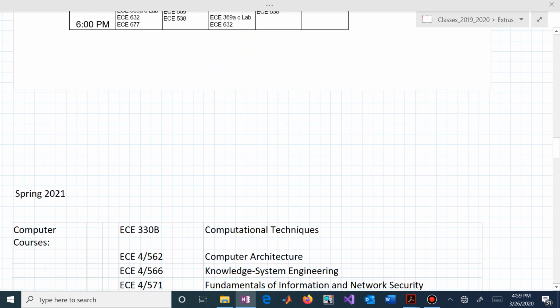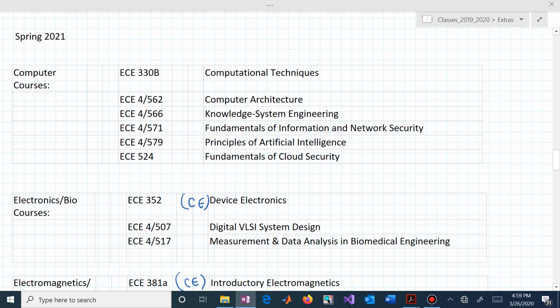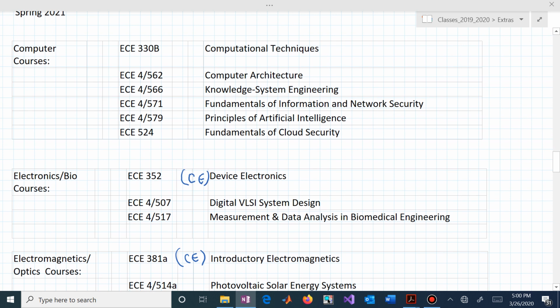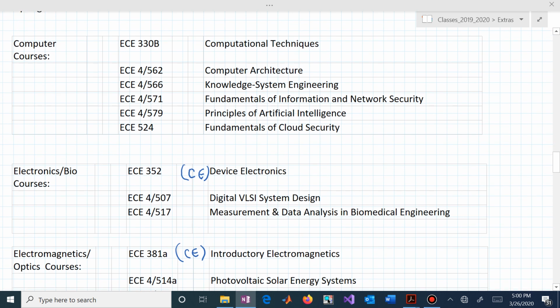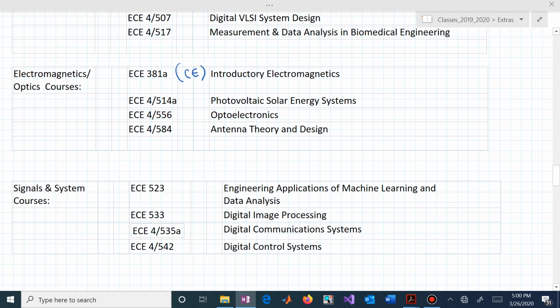Now, as you're planning your fall, you may also want to be thinking about your spring classes, because some of these spring classes actually might require already having completed some of the other classes. We don't have a lot of 2-semester sequences of classes, but there are some that you might benefit by taking the preliminary class.